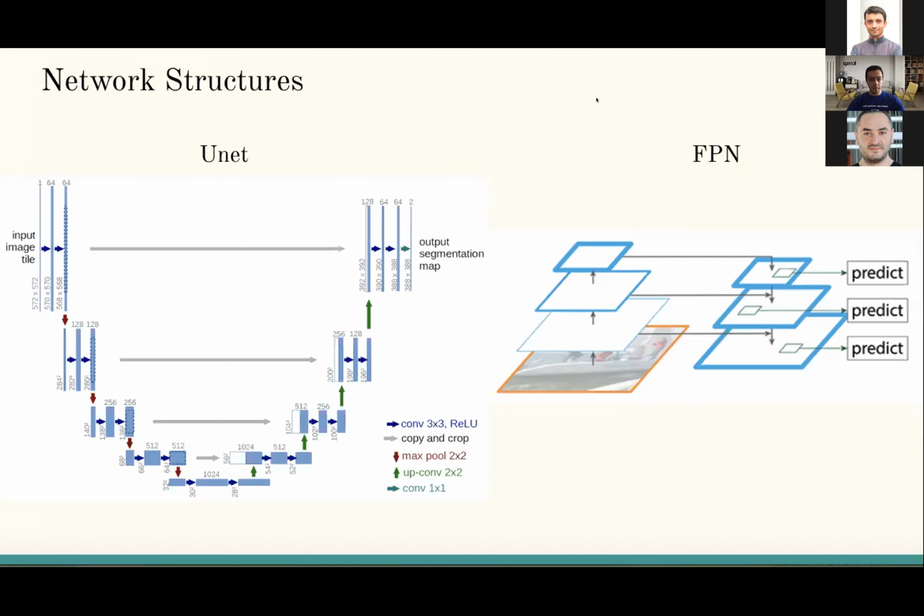Also, let's notice one more thing. In problems like segmentation, creating your dataset is a very time-consuming process. Actually, you should annotate each of your pixels in every picture.